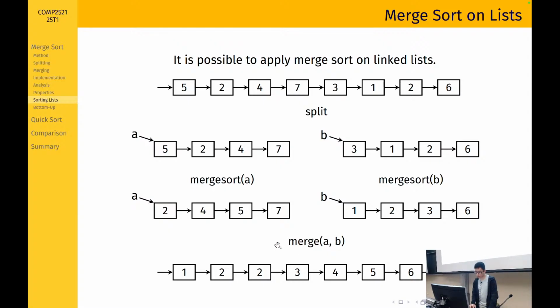Okay, so that's how you would merge sort a linked list. And merging two sorted lists into one sorted list is a nice practice exercise for linked lists. So that might be on the practice exercises page. If not, you could try and write it up yourself.